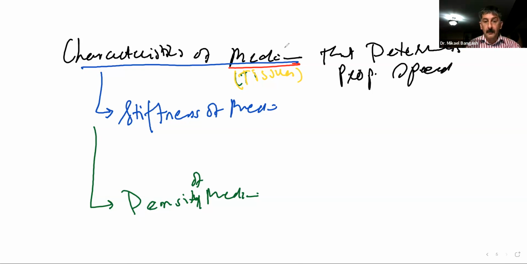Now the question arises, what in the world is stiffness? We can say it is the ability to resist compression.